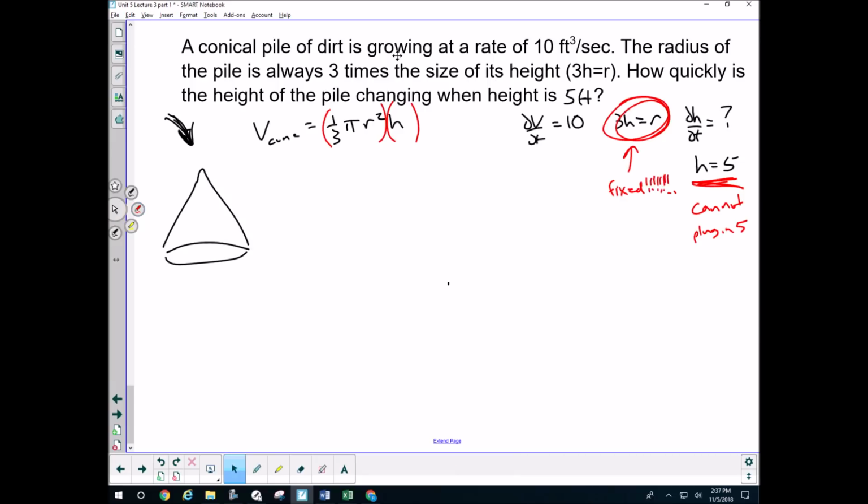But instead of using the product rule, I could say that the volume of my dirt pile, this specific dirt pile, is 1/3 pi times (3h) squared times h. I'm trying to find dH/dt. Why not just use h's? And since this is fixed, since this is always true, this is true for the volume of my dirt pile. You guys go the rest of the way.